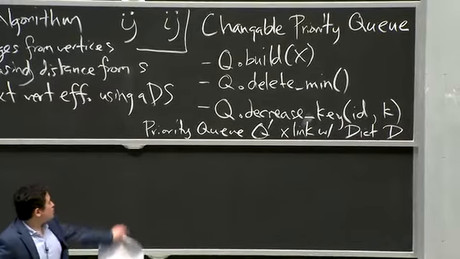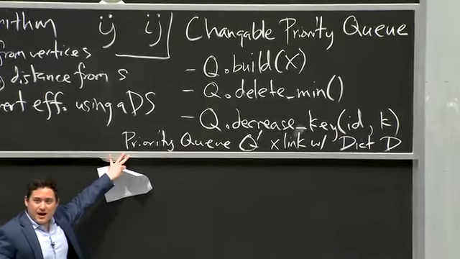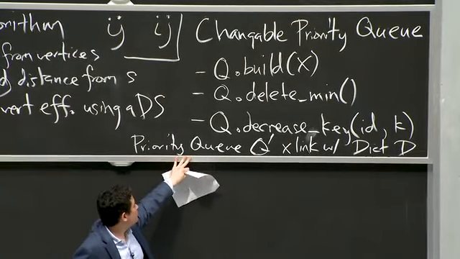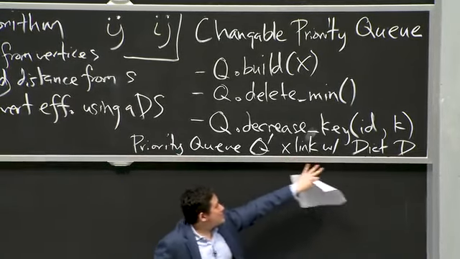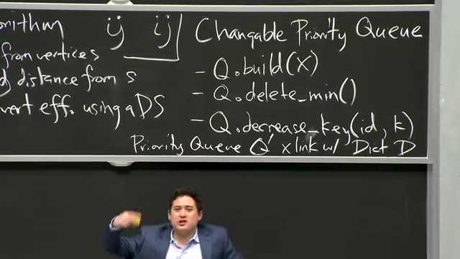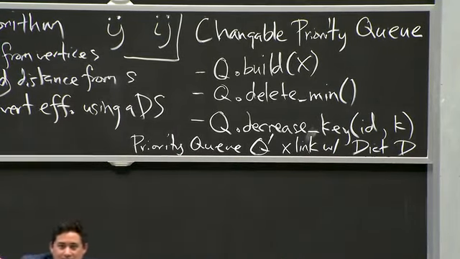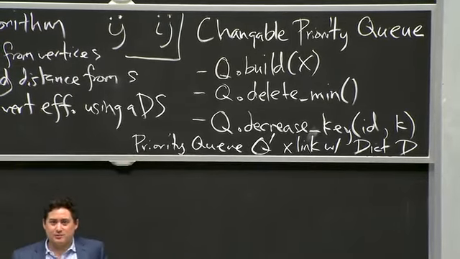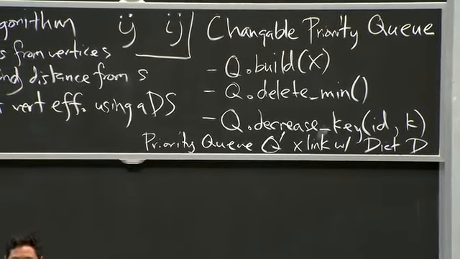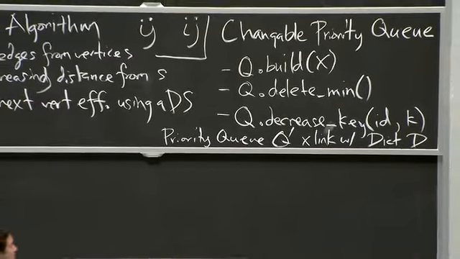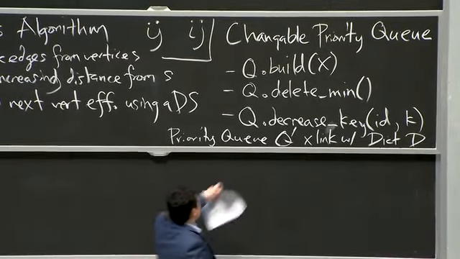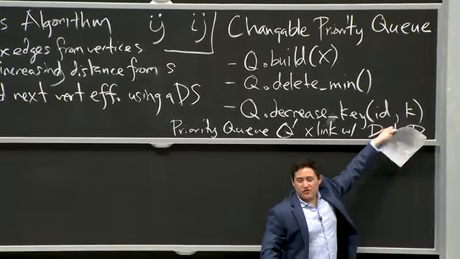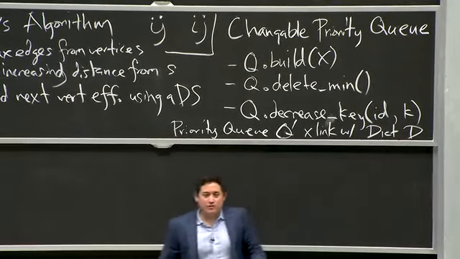Okay? So these are just a regular priority queue on my items that has the key as defined above, right? But I'm going to cross-link it with a dictionary that maps IDs to their location in the priority queue. We've done this many times in the data structures section. We're trying to cross-link two data structures to make a query on a different type of key to find its place in another data structure, okay?